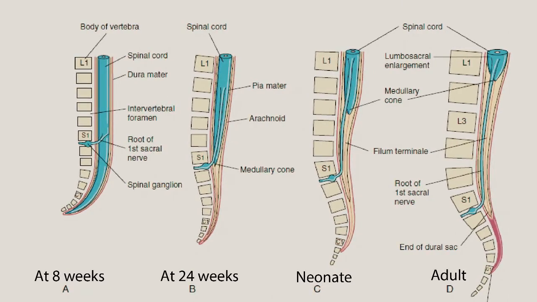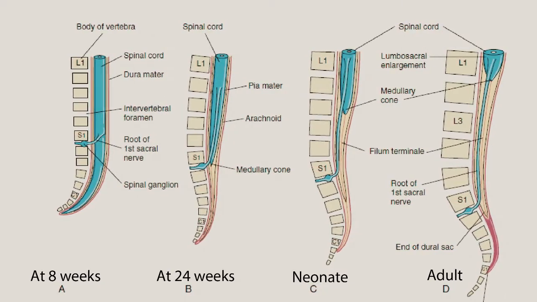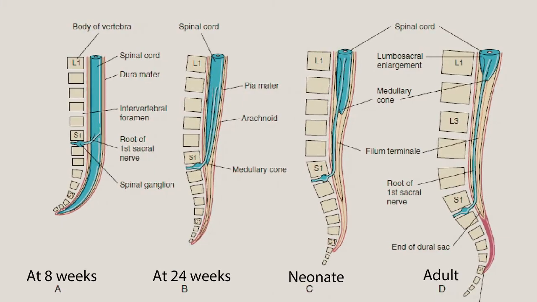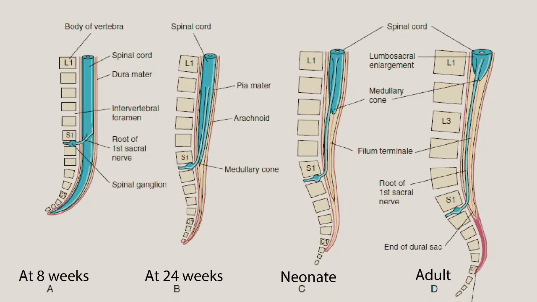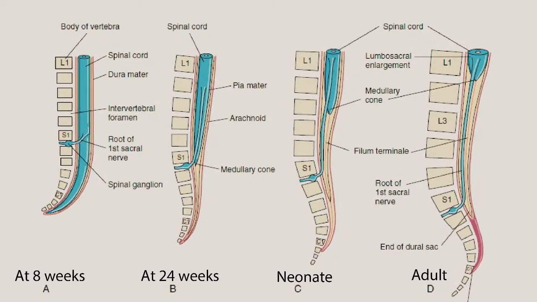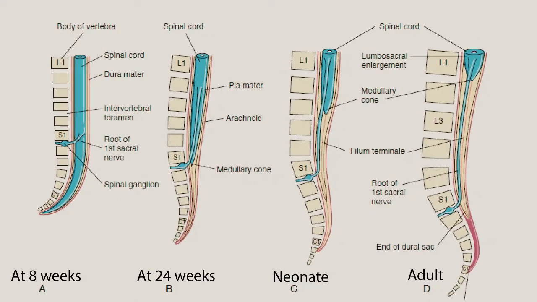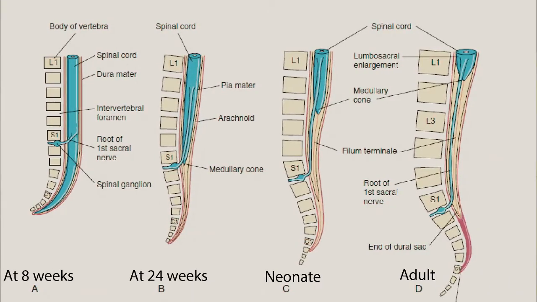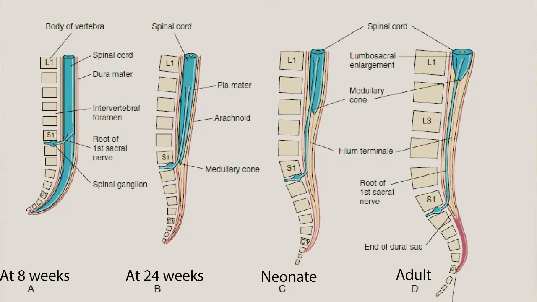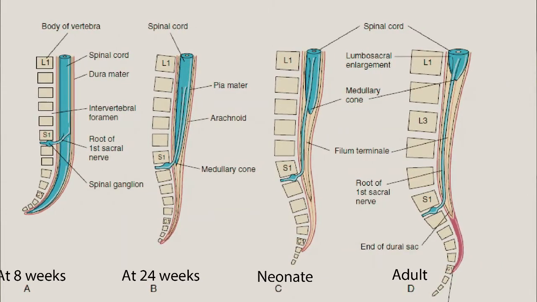But during growth, there is disproportionate expansion in that the spinal cord expands at a slower rate than the vertebral column. That's why in a mature person, the spinal cord ends at a higher level than the vertebral column. So we shall see in a neonate, the spinal cord can end as low as level L3. Meanwhile, in an adult, it always ends at the lower border of L1. Meaning, as you grow, the spinal cord expands at a slower rate compared to the vertebral column.